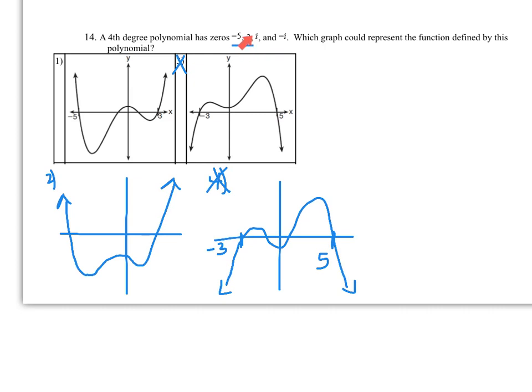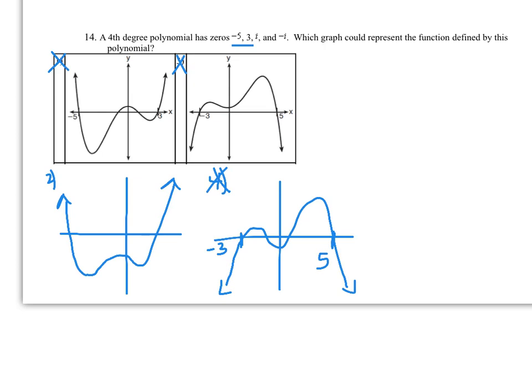These are not positive and negative real numbers. They're imaginary numbers, so we shouldn't be seeing them intersecting the x-axis. So in this case, choice 1 can't be a possibility.